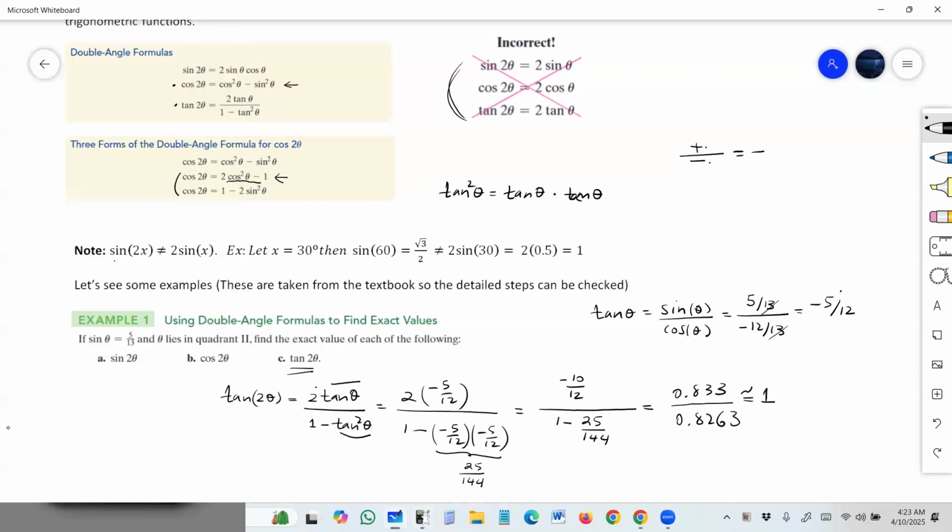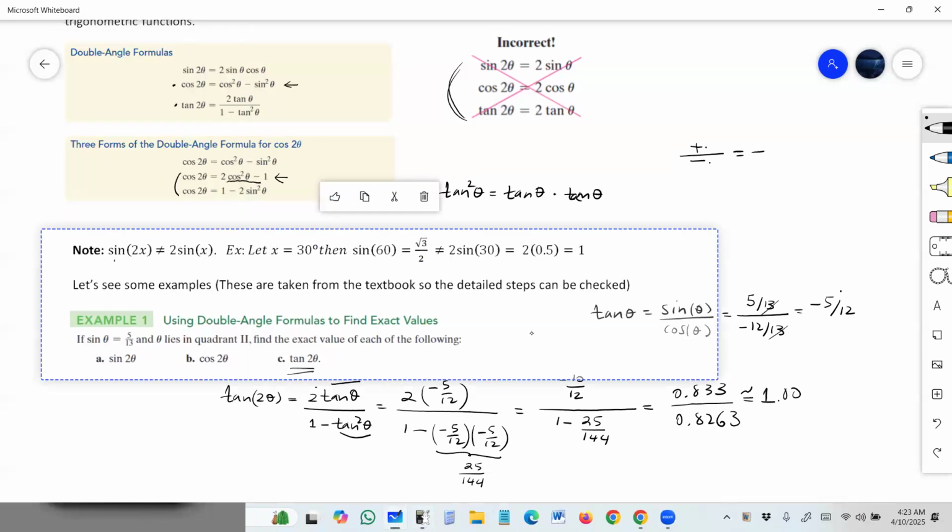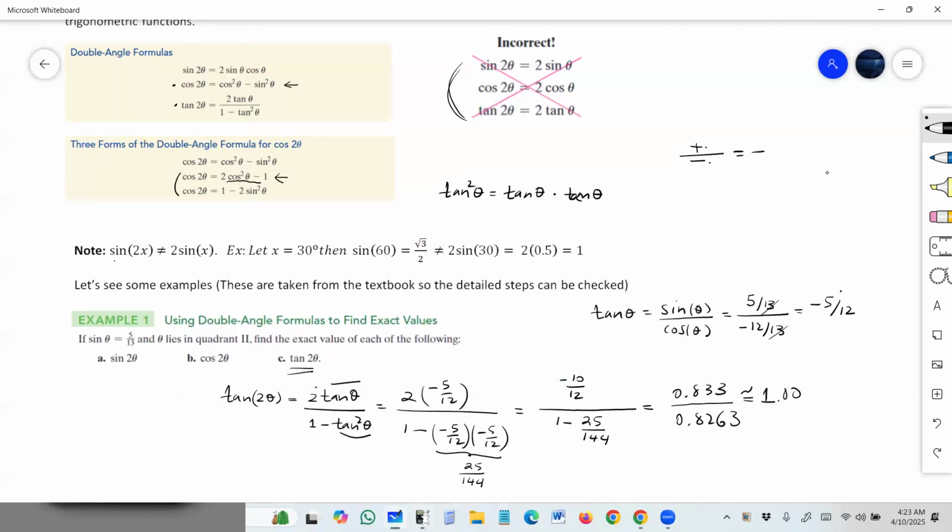That's approximately 1. All right. 1 point, if you wanted to do more decimals, right? 0084. All right, there's no need. So approximately 1. Okay, so this is how you can apply the double angle formulas.